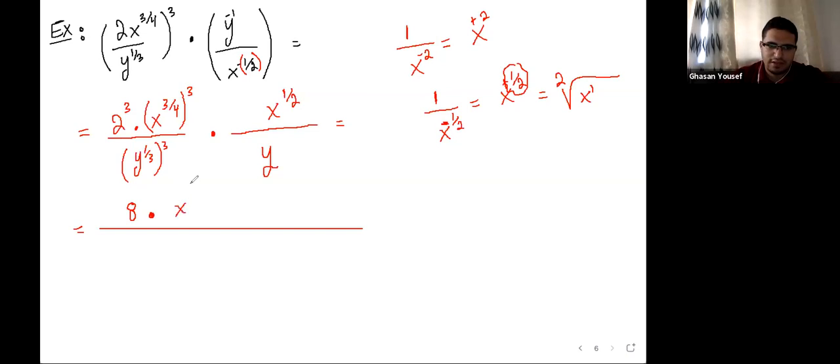So I get 9 over 4 times x to the power 1/2. Here I have y to the power 1/3 to the power 3. So we multiply the 3 by the 1/3. So I get 1. So I get here now y to the power 1 times y.